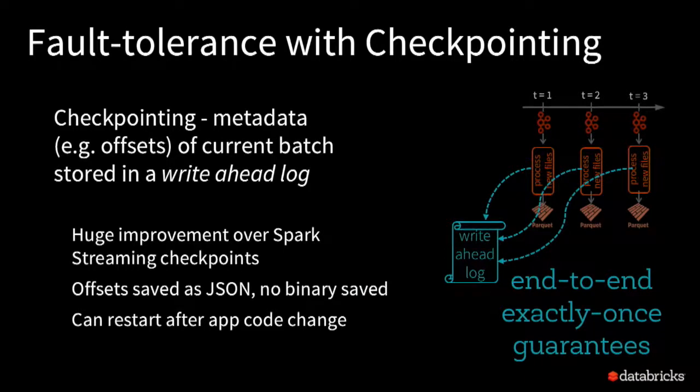We have learned from those mistakes, and we have avoided all those complications. Here we save only the offsets, so even if you change your code within certain constraints, for example, adding a filter to filter out corrupted data, you can always recover from the offsets that have been saved as part of the checkpoints. This simplifies things a lot.